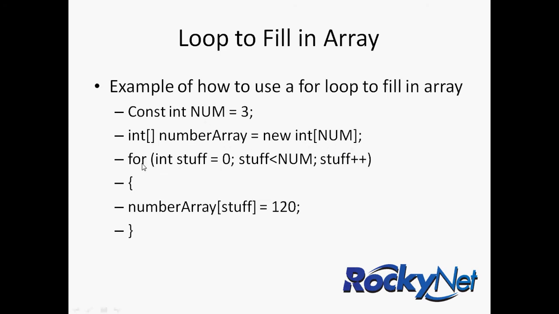Then I put my for statement, and I establish stuff is equal to 0, and if stuff is less than the number, we'll keep this for loop going, and then stuff plus plus, which is stuff plus 1, will make stuff go up by 1 each time. And then I put number array stuff, so this would change by 1, starting with 0, so number array 0 would equal 120, number array 1 would equal 120.